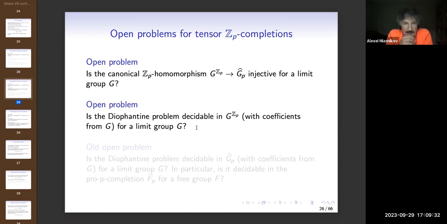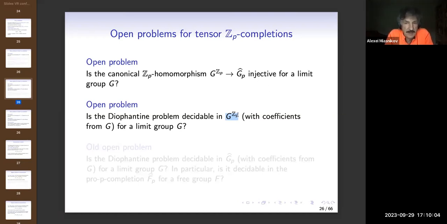Now, this is a very interesting problem. You have G, say a free group or limit group, say a free group, and take the tensor Z_p completion. Consider equations, but not where coefficients are from the completion. Otherwise, if arbitrary elements from this completion are allowed, there are uncountably many, and you can't show them to a computer.